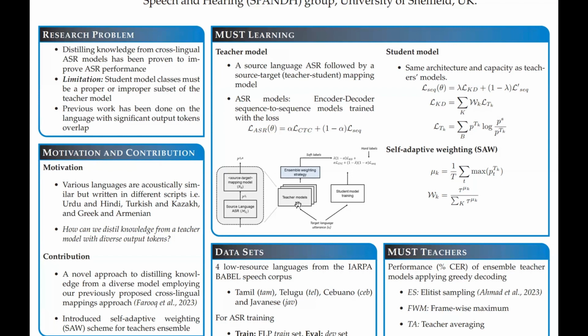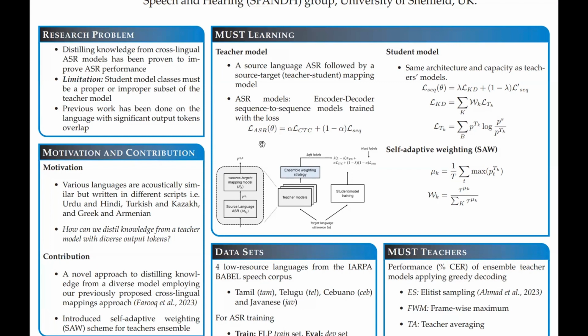With multiple teachers, we apply an ensemble weighting strategy. I will talk about self-adaptive weighting, and there are various weighting strategies that we take from the literature as well. Then the student model is trained with this loss.